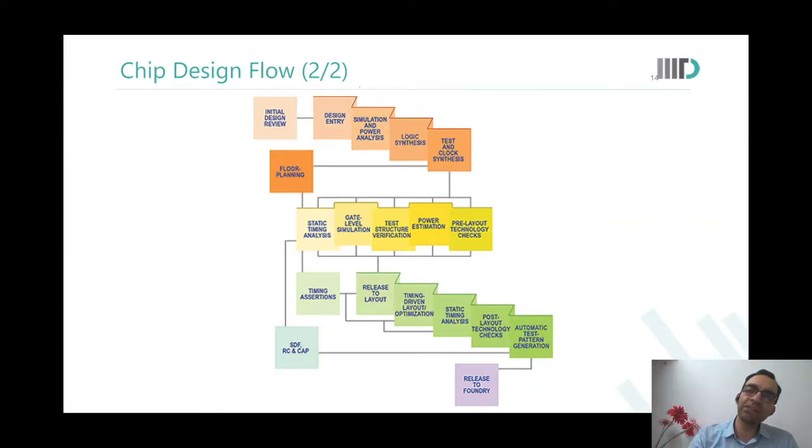This design entry is an RTL; you write Verilog code. Once you've done the design entry, you need to verify that this design meets the functionality you wanted. So you simulate the RTL and do a quick power analysis to check that the power budget is within the specified range. After that, you do the logic synthesis.